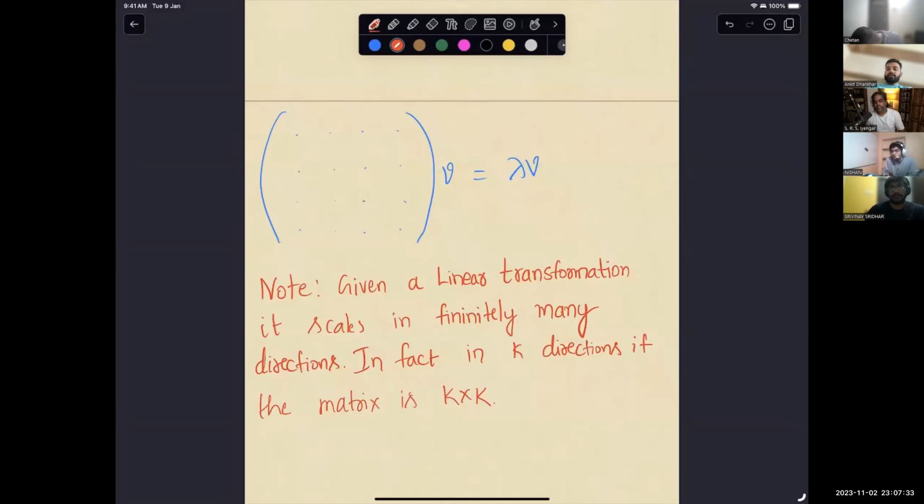But for certain inputs, it does not change the direction of the inputs that we saw. For a 2x2 matrix, we saw that at maximum this can happen at 2 places only, for 2 particular directions. And depending upon the matrix, that can be 0 also, like if it's just a rotation matrix.